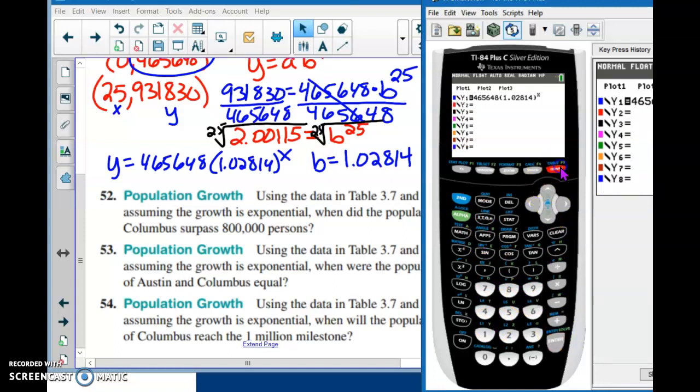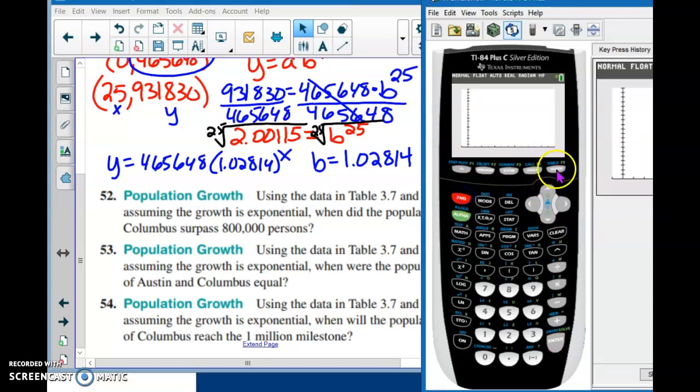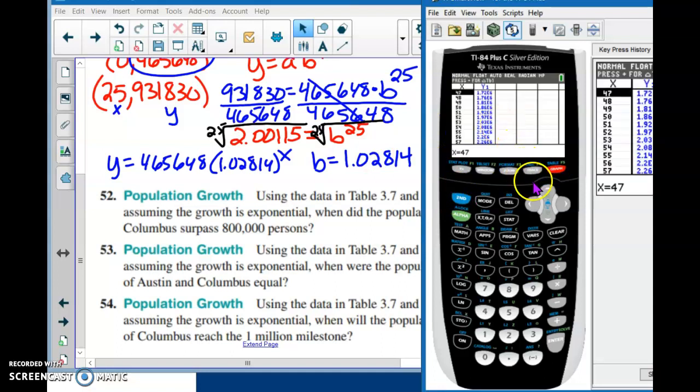We talked about how you can go to the graph and go to the window and play around. But I'm just looking for a year. So instead of messing with the window and getting the intersection point, which is definitely fine, I am going to just look at the table.